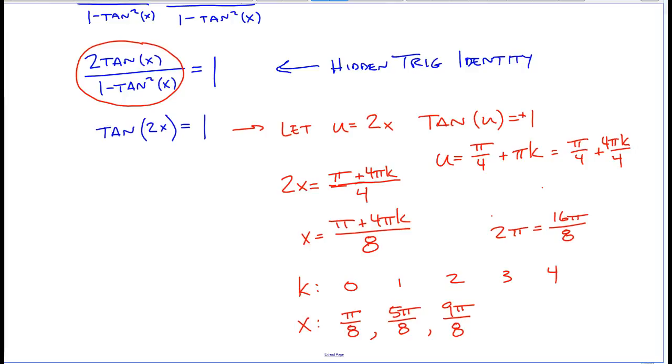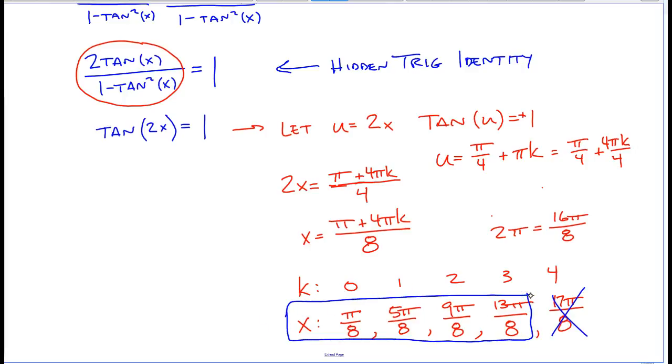So, again, the numerator increases by 4 pi every time k increases by 1. So when I go up to k equals 3, I get 13 pi over 8. When I go up to k equals 4, I get 17 pi over 8. Uh-oh, I've gone too far. We need to get rid of that one. Our solution to this equation is pi over 8, 5 pi over 8, 9 pi over 8, and 13 pi over 8.